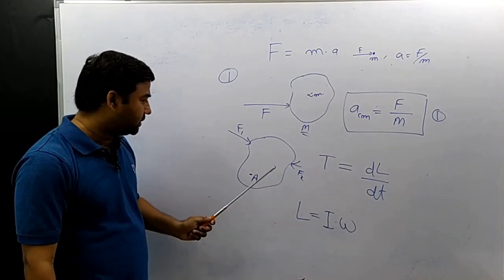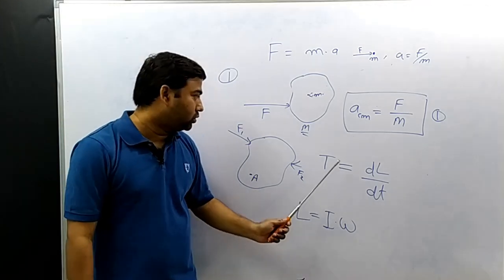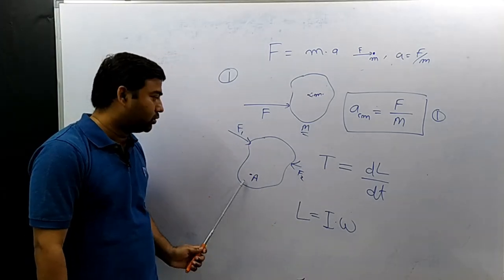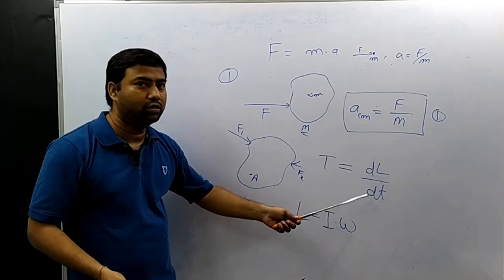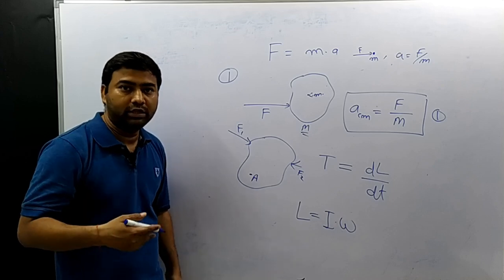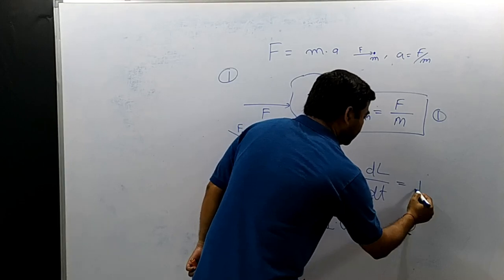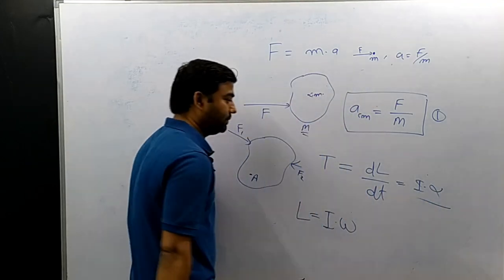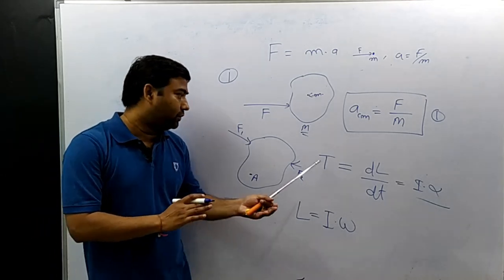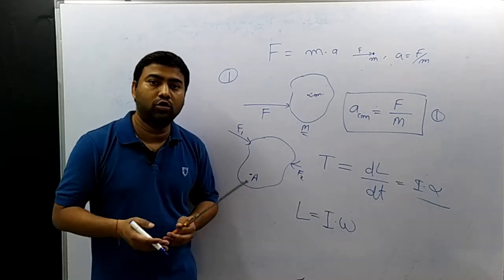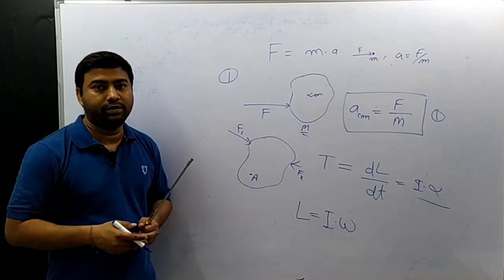L is the angular momentum of this body about point A, which is I times omega. So the net torque on this body is equal to the rate of change of angular momentum of the body about point A. It can also be written in terms of I times alpha, where alpha is angular acceleration. That is Euler's second law of motion, which is for rotational motion.